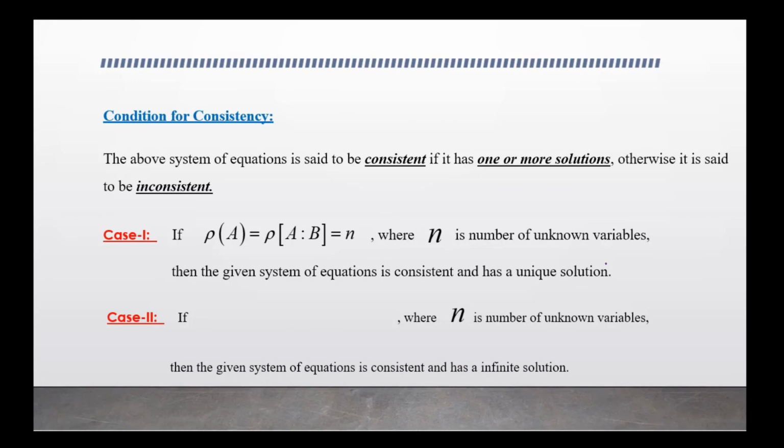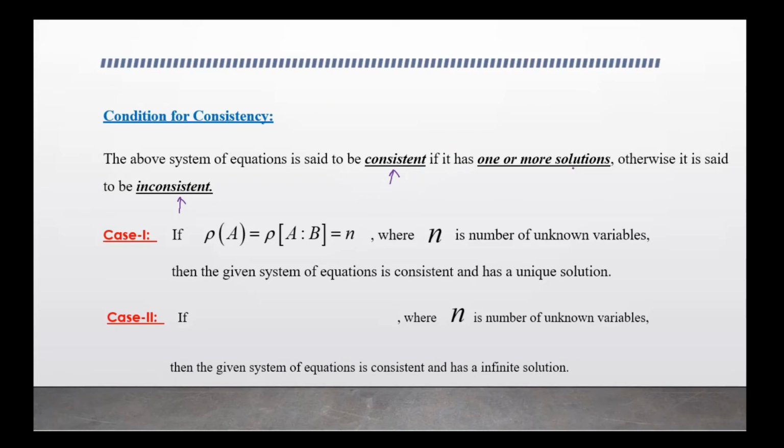Okay. Now two types of cases arise. One is called consistent and one is called inconsistent. Now what is meant by consistent? It means the system is consistent or the system is inconsistent.